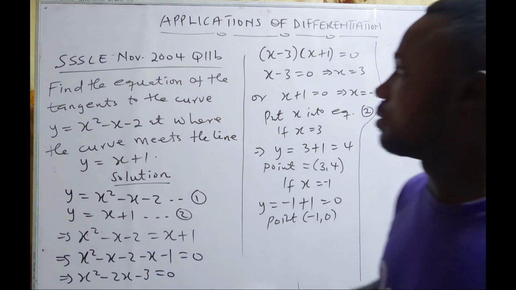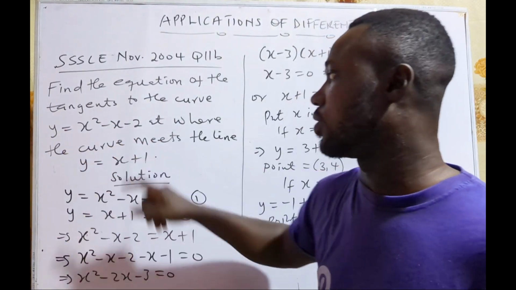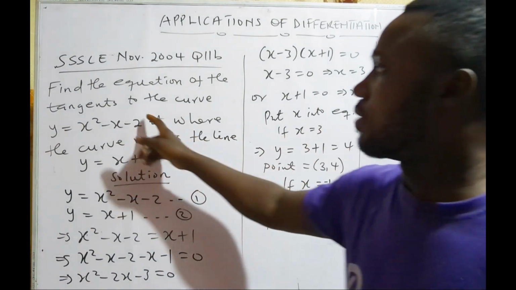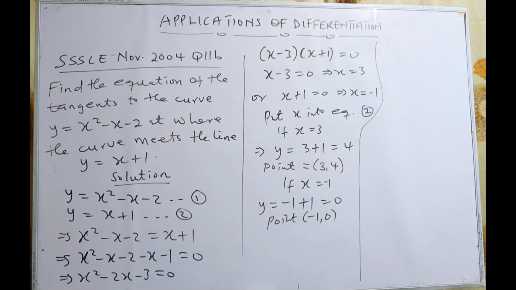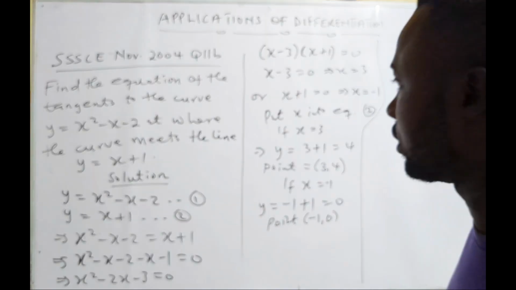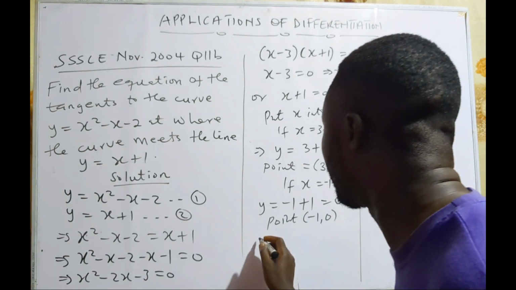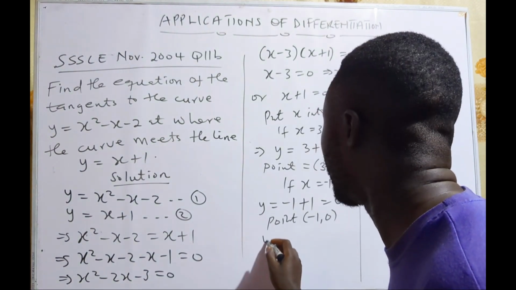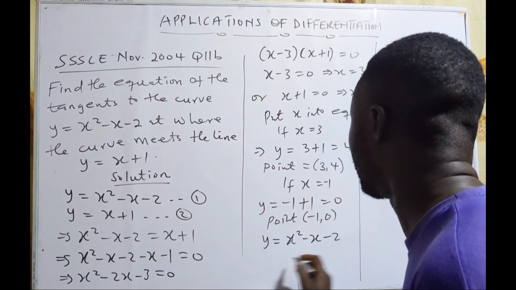Okay, so now we are finding the equation of the tangent to this particular curve. So before we can find the gradient, we have to differentiate the curve, okay? So that we can get the gradient function. We have y equal to x squared minus x minus 2.